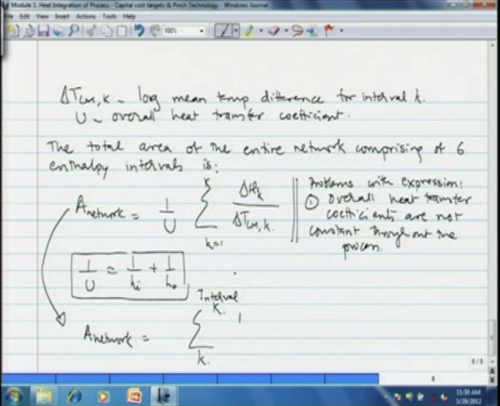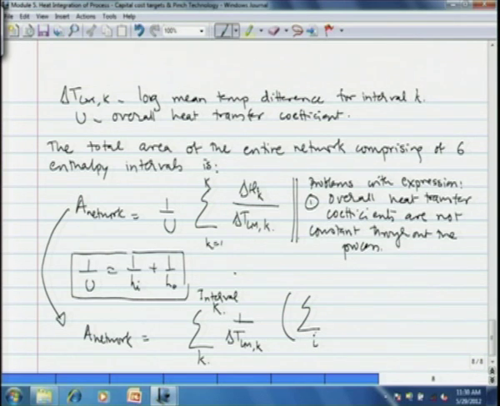okay, there is a delta T log mean, okay, and then what we do is that we calculate the heat duty on hot stream and divide by the film coefficient for hot streams.